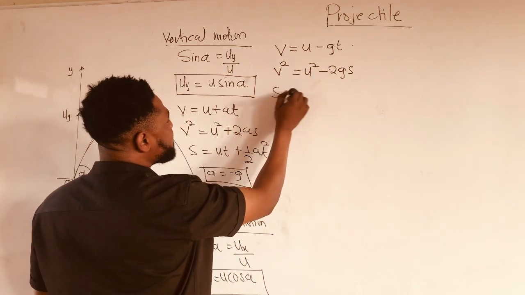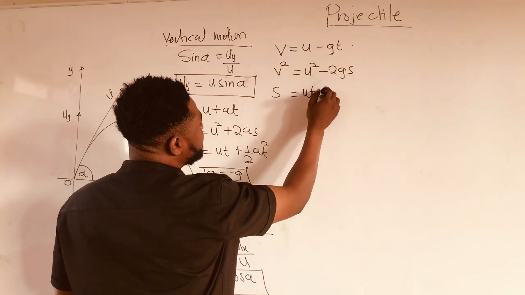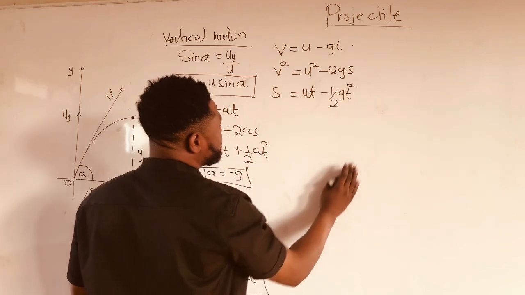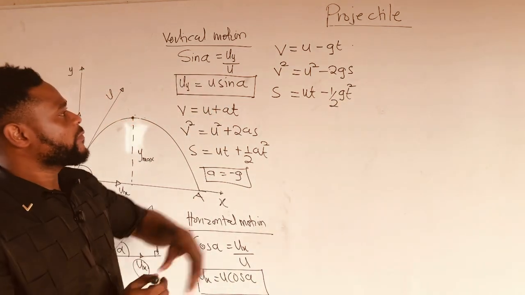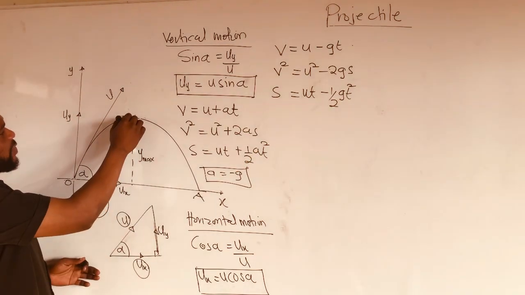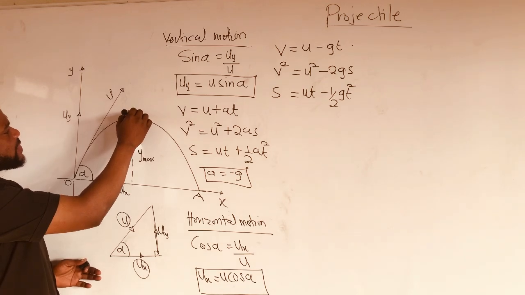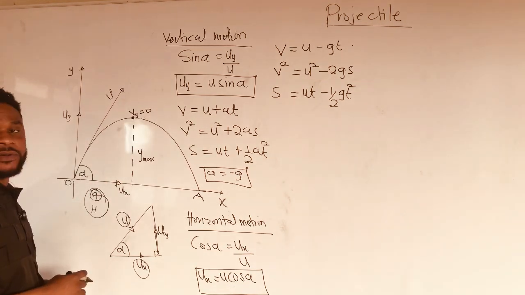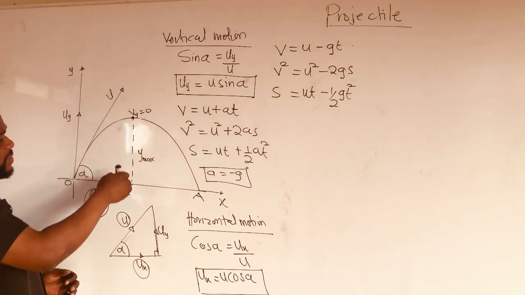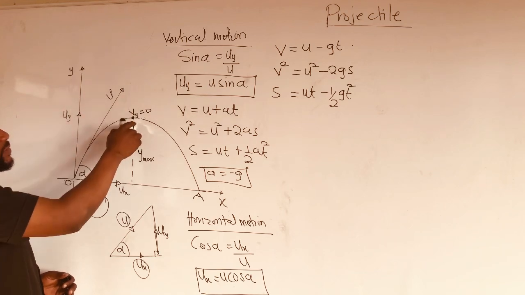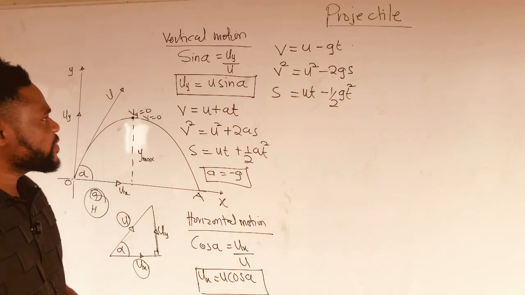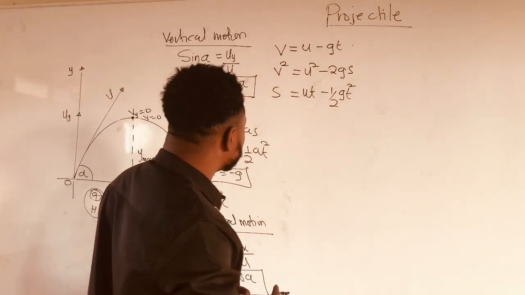We also have x equal to ut minus half gt squared, as we can see from these formulas. Now, one thing we need to know is that at the maximum height here, our final velocity is equal to what? 0. That is the final velocity on the vertical axis or in the vertical motion direction. So we can say vy, or we can say v equal to what? 0. So let us see what we can do.